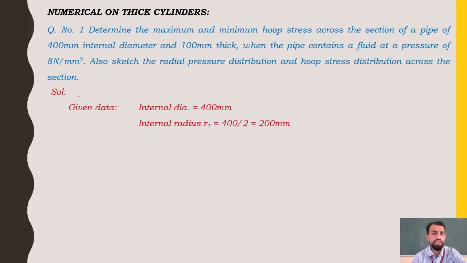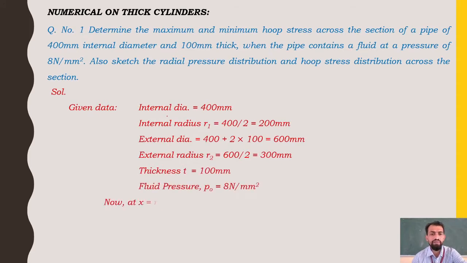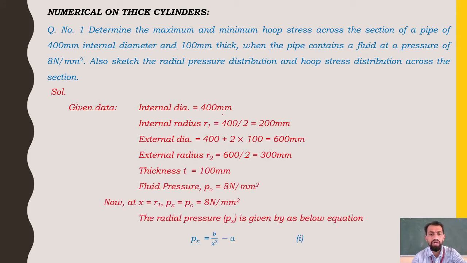So the solution is like this. Given data, internal diameter is 400 mm. Internal radius will become 400 divided by 2, 200 mm. External diameter will be 400 plus 2 times the thickness, which is 100 mm, so the external diameter comes out to be 600 mm.